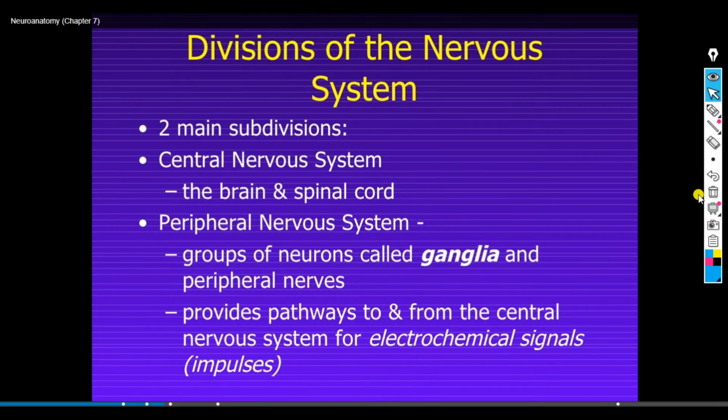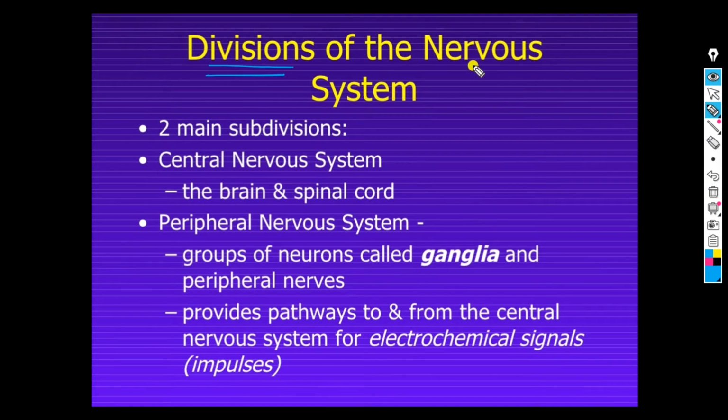The divisions of the nervous system. Two main subdivisions: central nervous system and peripheral nervous system. Central nervous system includes brain and spinal cord. Peripheral includes ganglia and peripheral nerves, and provides pathways to and from the central nervous system for electrochemical signals.